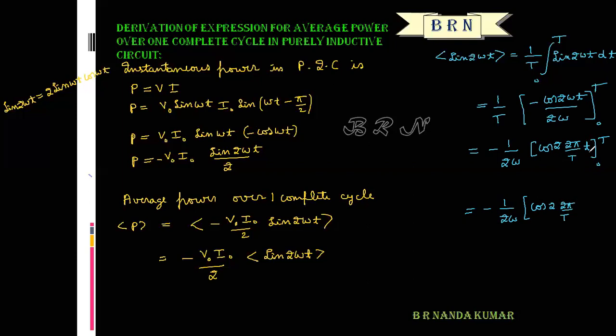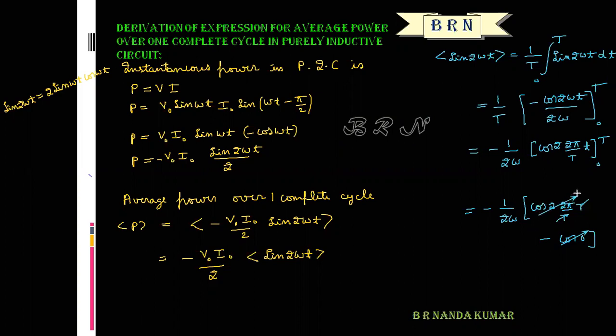First we have to apply the upper limit capital T, minus cos 0. Cos 0 value is 1. So here T cancels, and we get cos 4 pi. Cos odd multiples of pi is minus 1.